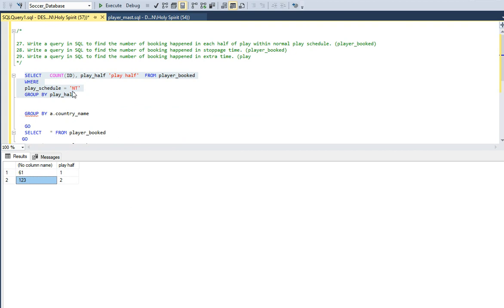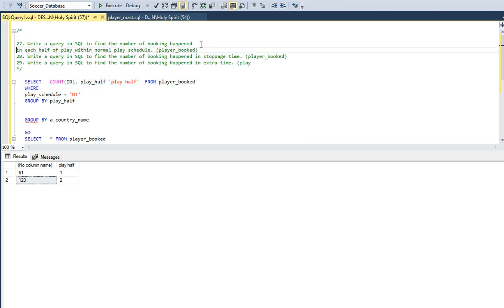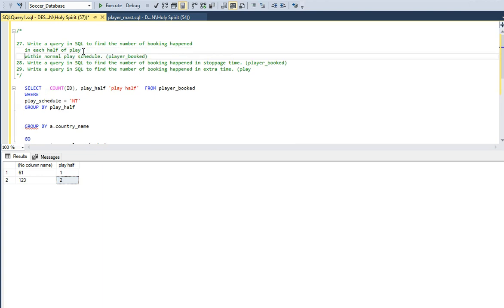There we go. Yeah, that's right. You can check it again. Write a query to find the number of bookings happened, which is count total ID. I mean total number of IDs there, and the conditions now. In each half of play, in each half, 2 halves are there. Half of play within normal play schedule. This is another condition.